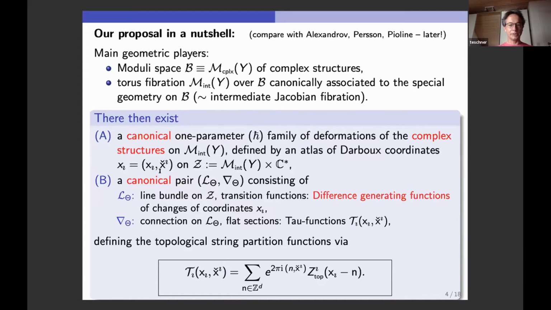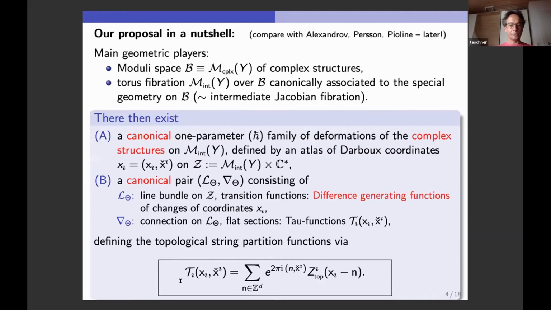So the very data defining this atlas, thereby defining the deformed complex structure, canonically also define these transition functions, defining the line bundle, as a variant of the generating functions, which we call difference generating functions. This is because the usual derivatives in generating functions from symplectic geometry will be replaced by taking finite differences. I will explain how. So these are what represents the transition functions defining the line bundle, and then the flat sections of the connection are our tau functions.